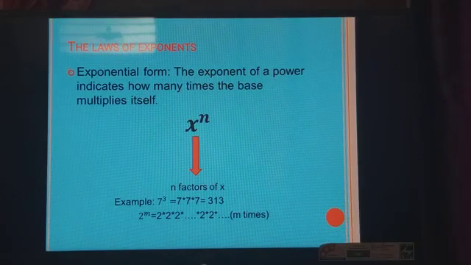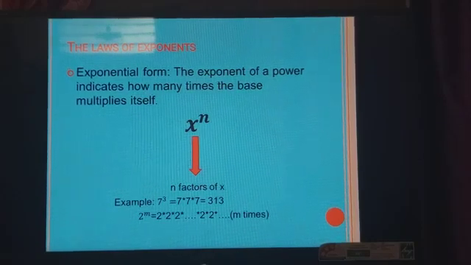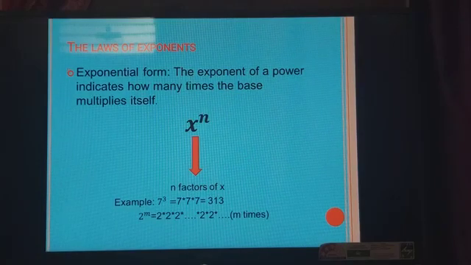For example, 7 raised to 3 means 7 multiplies 7 multiplies 7, that is, 7 multiplies itself 3 times. In a generalized way we can write 2 raised to m, that is, 2 multiplies itself m number of times.